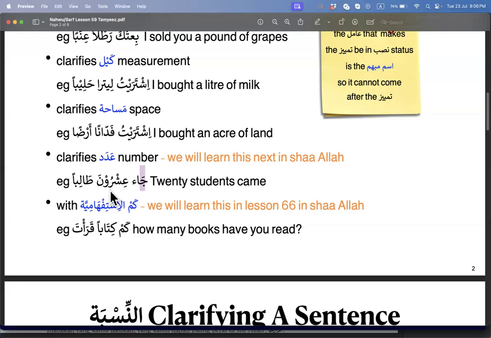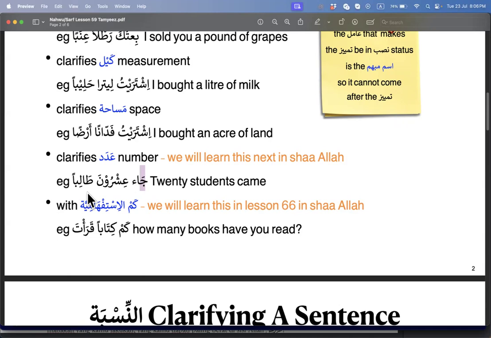Yes, because what status is it? Jam' marfu', jam' mudzakkar salim. Exactly, una ending, like muslimuna. So this is the fa'il. So twenty came. Twenty what?